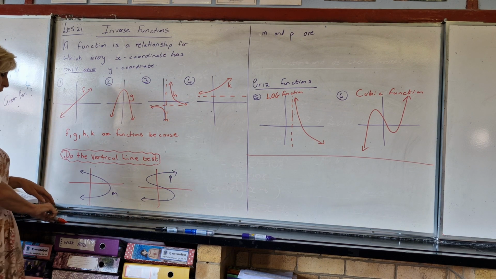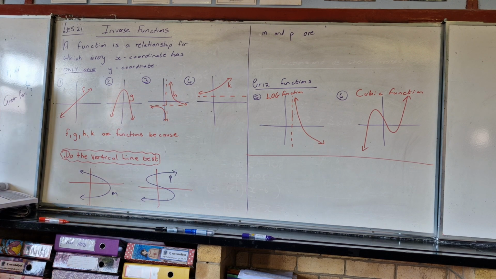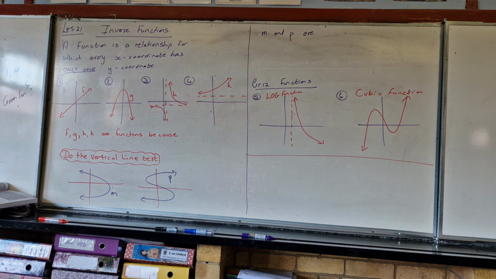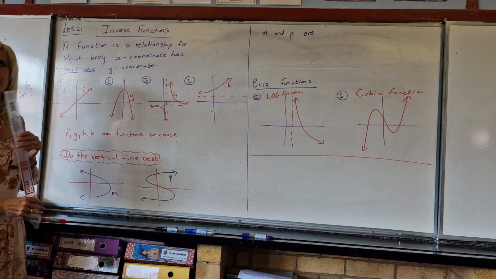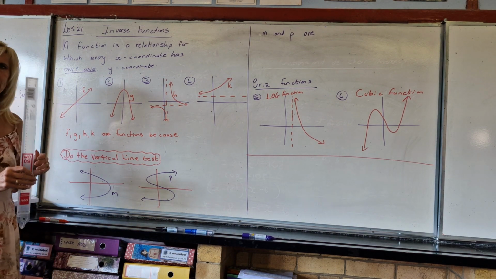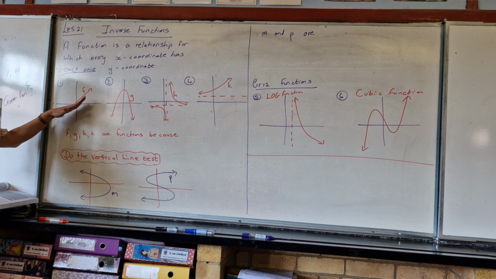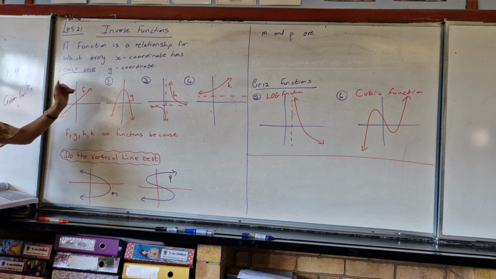I'm talking about the vertical line test. If I take a ruler and I want to do the vertical line test, it means that when I go through a straight line, is everybody happy with that?